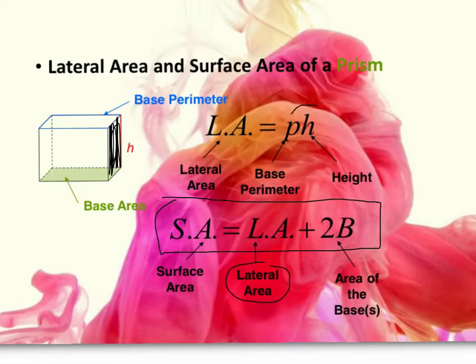Lateral area is the perimeter of the base multiplied by the height that goes in here. So the formula that you saw on the previous slide was: surface area equals 2B plus P multiplied by H. Same exact thing. I just didn't want you to see it in your textbook and be confused.